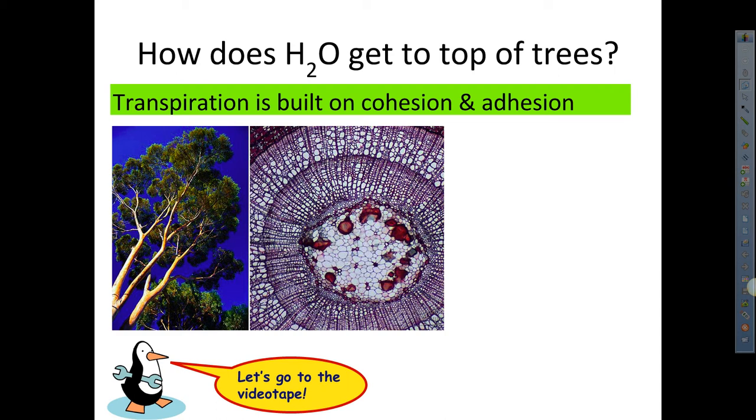And so this process really uses both of these mechanisms in order to work. Without adhesion and cohesion, it'd be very unlikely that water would be able to transport all the way from the roots all the way to the top tips of the tree.